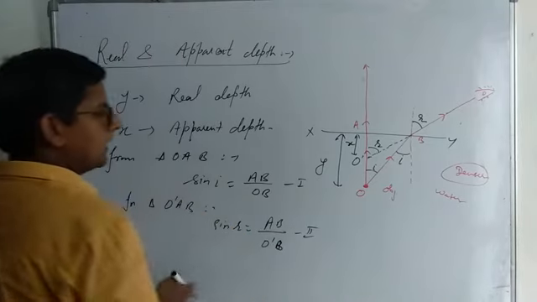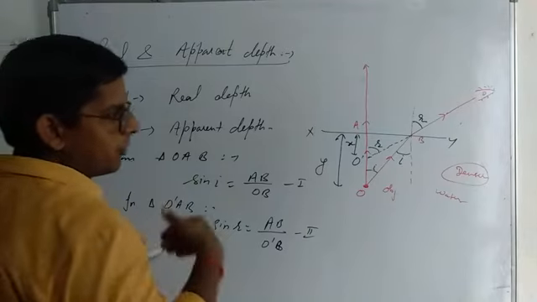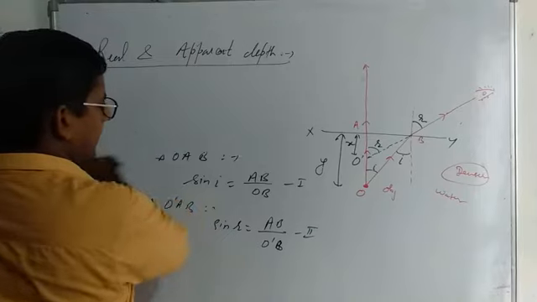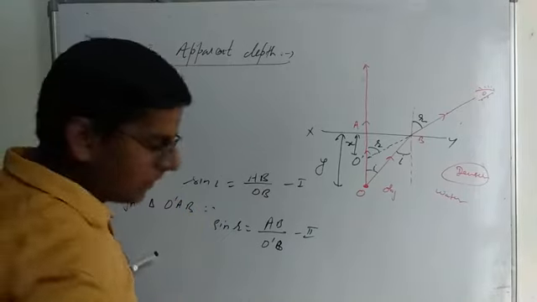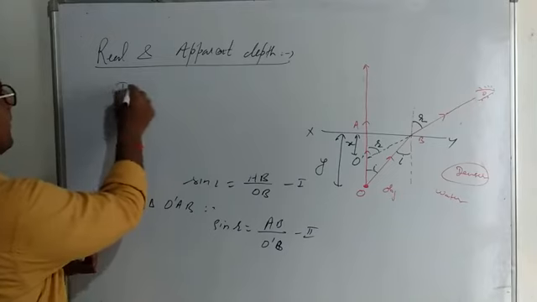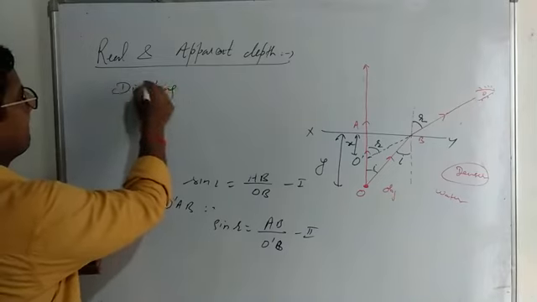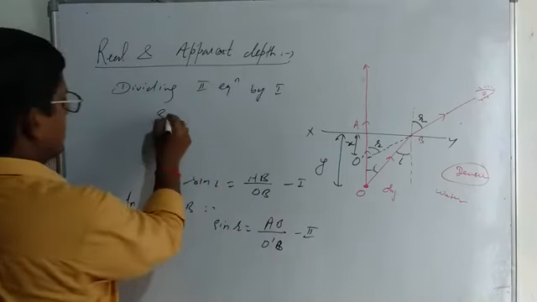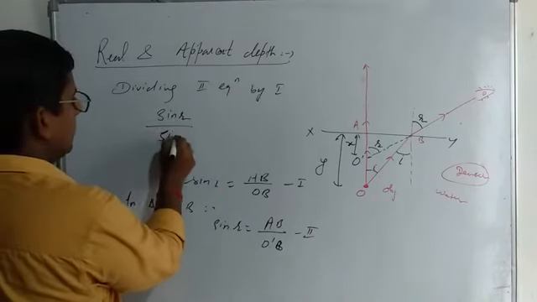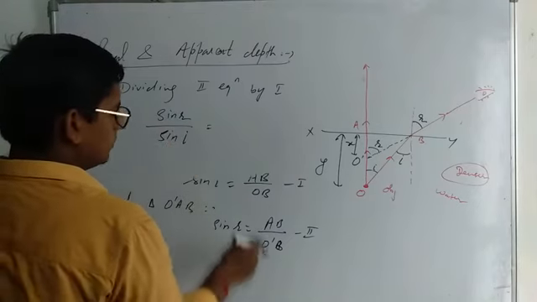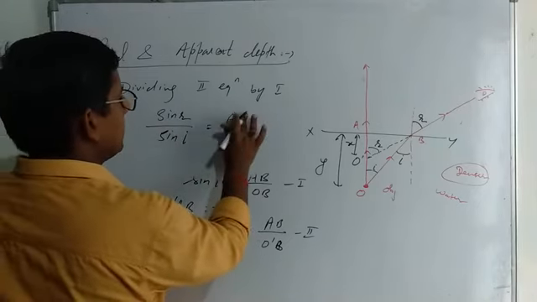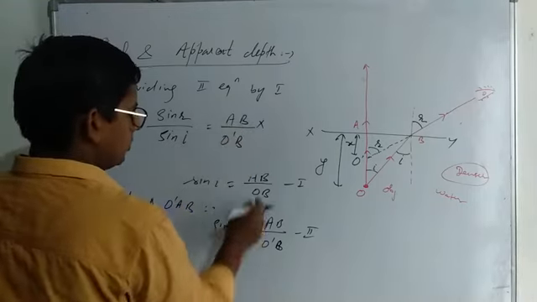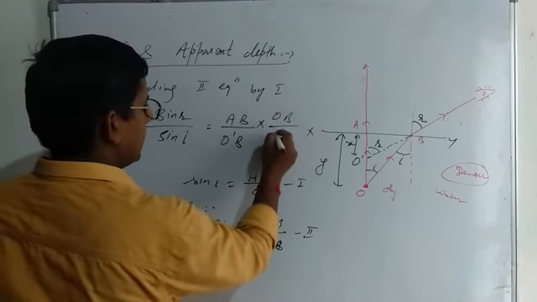As we know, the ray passes from denser to rarer, so dividing the second equation by the first, sine of R divided by sine of I is equal to AB by O dash B into OB by AB.